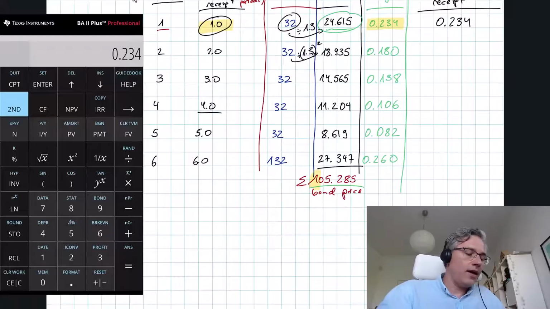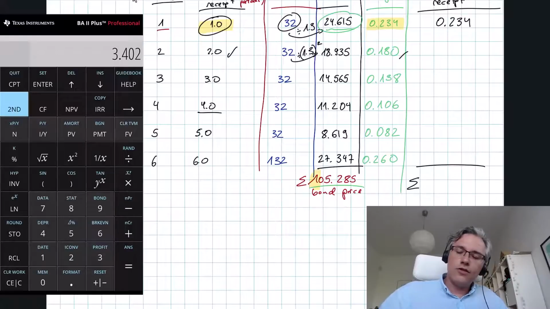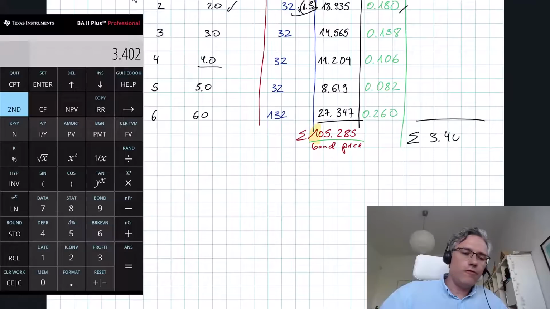So let's just add 2 times 0.18, add again 3 times 0.138, add 4 times 0.106, add 5 times 0.082, and add 6 times 0.26. Unless I've made a blunder, I don't think so, we get a total down here of 3.402.